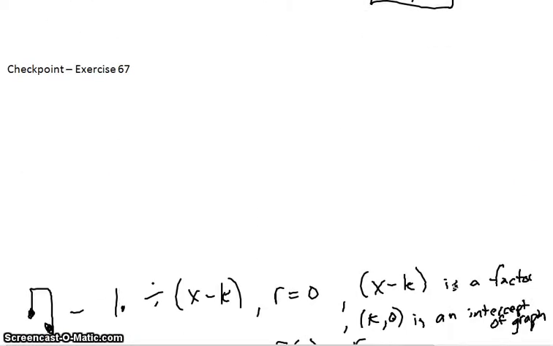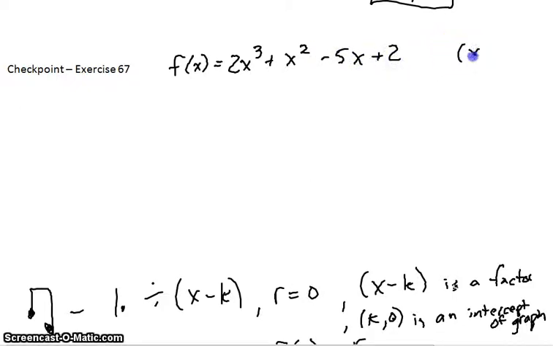So I'm going to look at exercise 67 right now with you. And in 67, it tells us what the polynomial is. It says the polynomial is, and I'll see if I can get this done before my time is up, 2x cubed plus x squared minus 5x plus 2.